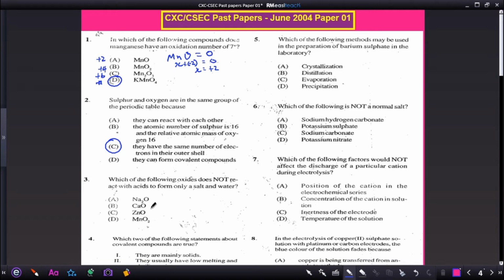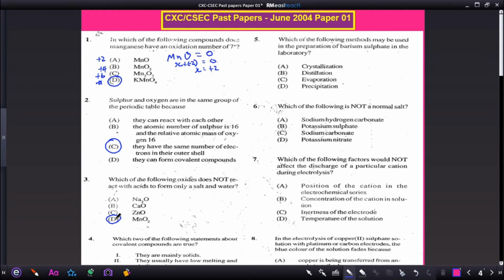So that means it will completely react with the acid to produce the salt and water. Manganese dioxide has two oxygens. So it will react to form the salt and water plus oxygen gas. So that's the reason why. So the answer for that is D.